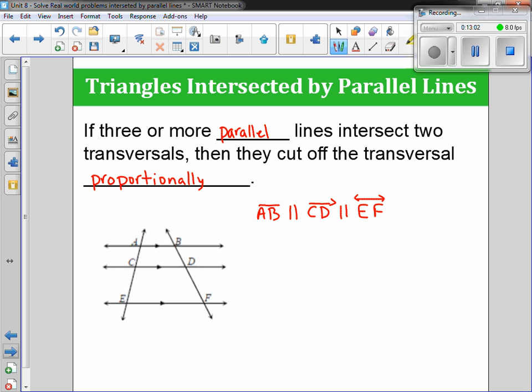And these are lines. So therefore, AC is proportional to CE and BD is proportional to DF. Let's take a look at 2 examples that use this skill.